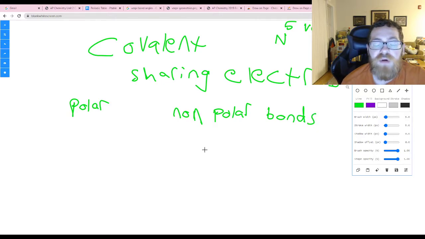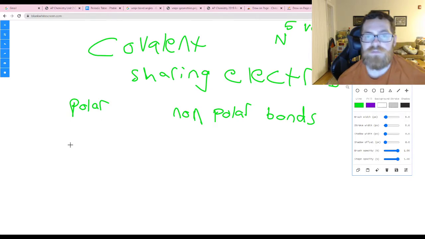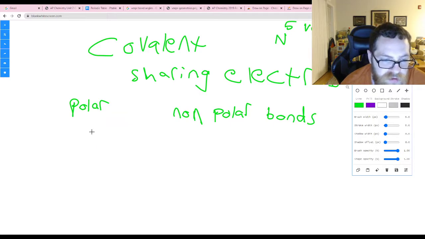Polar versus non-polar bonds are all about electronegativity. So, if one atom is significantly more electronegative than another atom, the bond is polar. An example of a polar bond is OH.